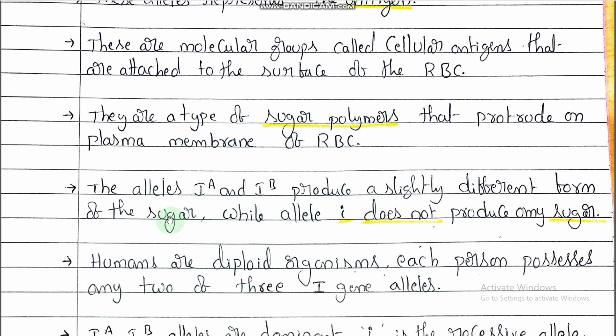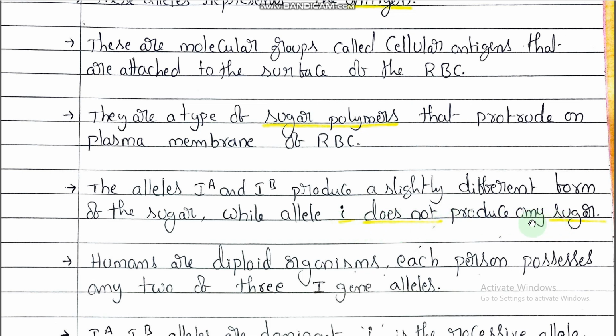So the alleles IA and IB produce a slightly different form of the sugar. IA produces one type of sugar, and IB produces another type of sugar. I will show the structure of these antigens later. And allele small i does not produce any type of sugar.